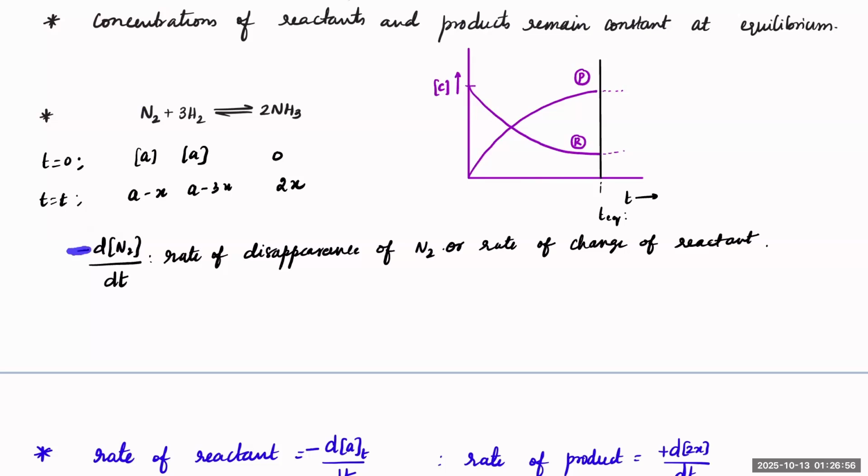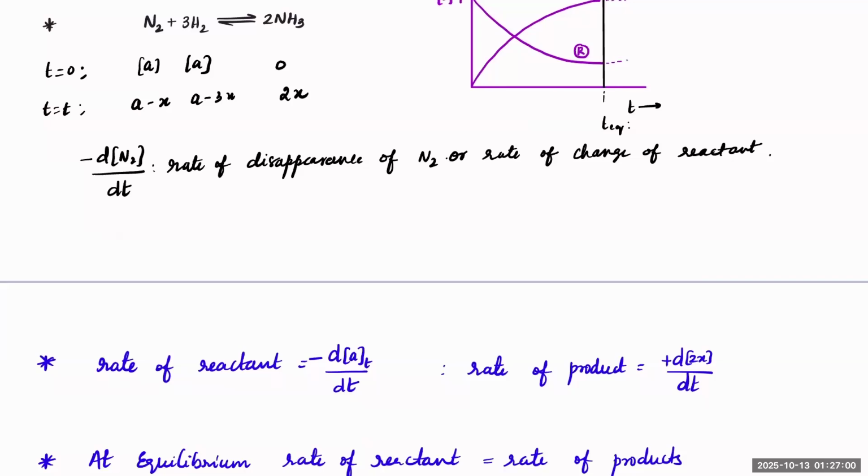Minus is essential to show that the speed is always a positive value. Similarly, I can write d of ammonia, rate of change of ammonia with respect to T, as the rate of formation of ammonia.